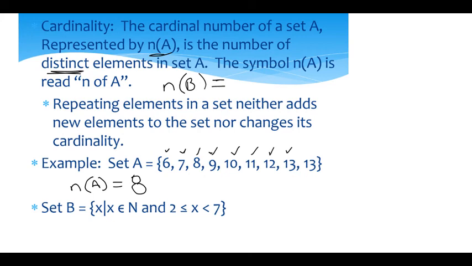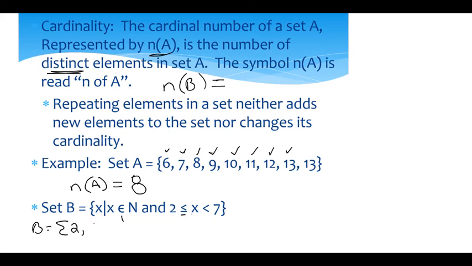Now for B, it's written in set builder notation. So actually what I would probably do first is write it in roster notation so I can see. And it's the set of all x such that x is an element of natural numbers and 2 is less than or equal to x, which is less than 7. So x can be 2 because we have that line underneath of it.